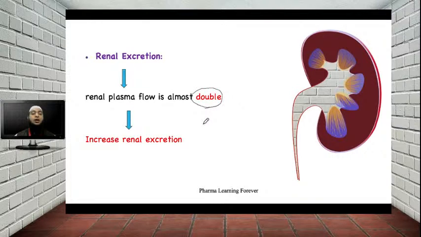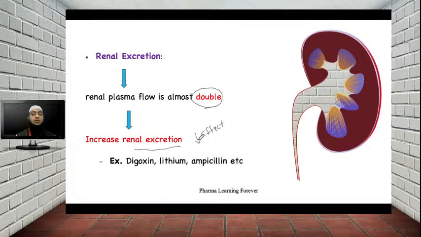So there is an increase in renal excretion, and obviously when there is an increase in the renal excretion, for those drugs which are purely excreted by the urine, their pharmacological action or expected effect will decrease. So the effect of the drugs which are supposed to be excreted through the kidney will decrease due to the increase in renal plasma flow in pregnancy.